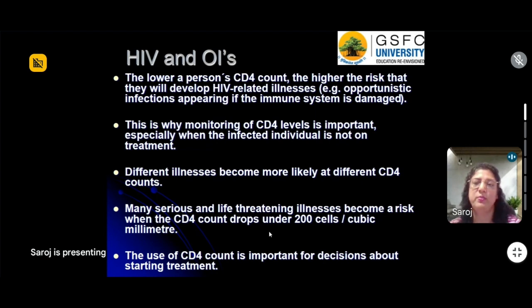Not every infection has to be of viral origin. So we are prone to all kinds of yeast infections. We are prone to all kinds of bacterial infections, and those are called opportunistic infections. And sadly, that is what we talk about when we talk about AIDS. That is what the entire AIDS scenario is like, where your immune system is so compromised that your body becomes a target for all kinds of infections.